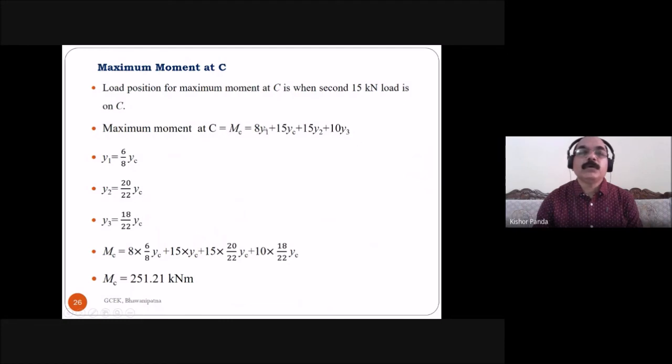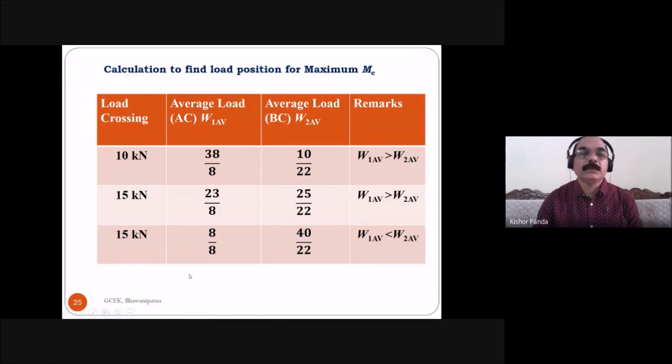You know the ordinates: Y1 is equal to 6 by 8 YC, Y2 is equal to 20 by 22 YC, and Y3 is equal to 18 by 22 YC. Then the maximum moment at C is 251.21 kilonewton meter. This is the moment at section C.